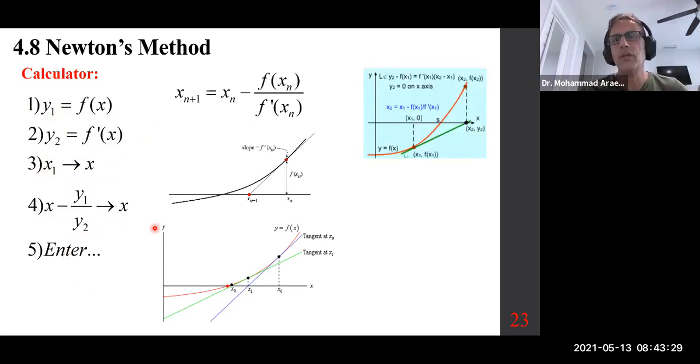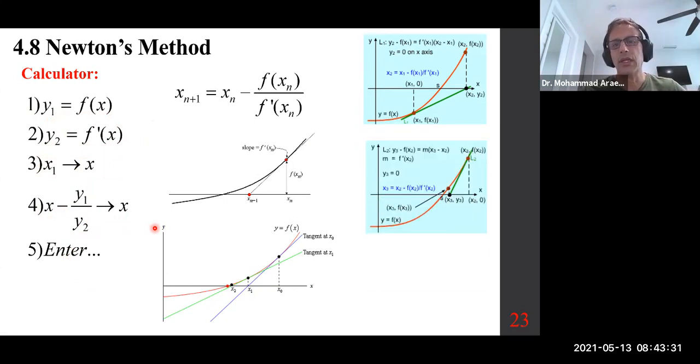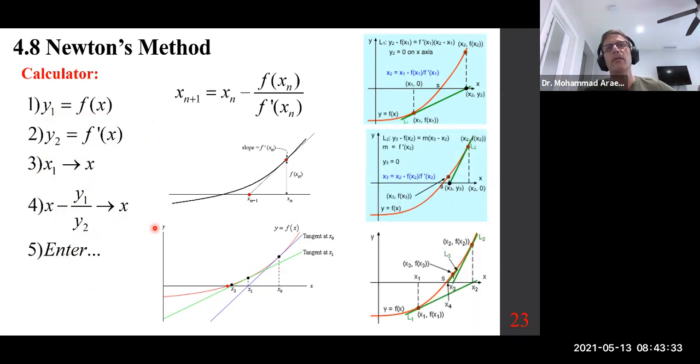Now, what I'd like you to see is this concept again that was discussed in the PowerPoints, and that is you are given a function and you're looking for its roots. So you pick a point and you draw a tangent line. When you draw a tangent line, the tangent line will cross the x-axis at some point. If it doesn't, then that one fails, by the way.